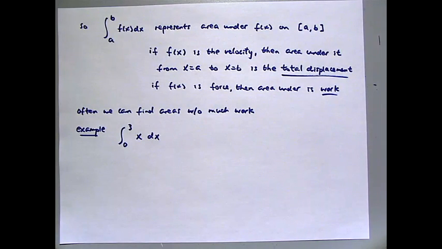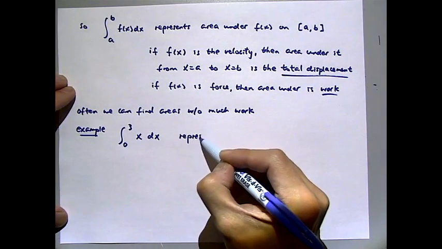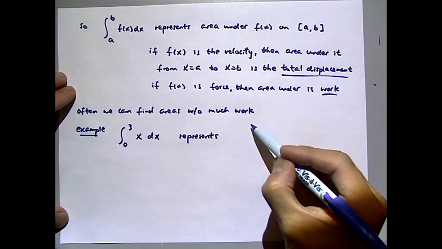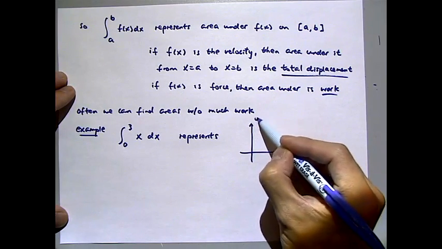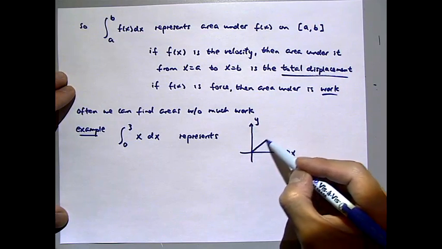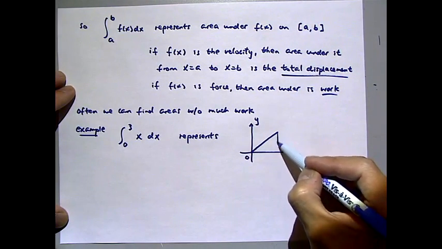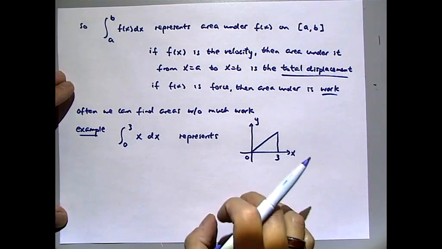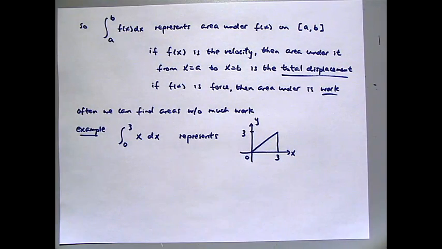For example, if I'm looking at the area underneath the curve f of x is equal to x from 0 to 3, so here's f of x equal to x, starting at 0, ending at 3. And of course, that's also equal to 3.